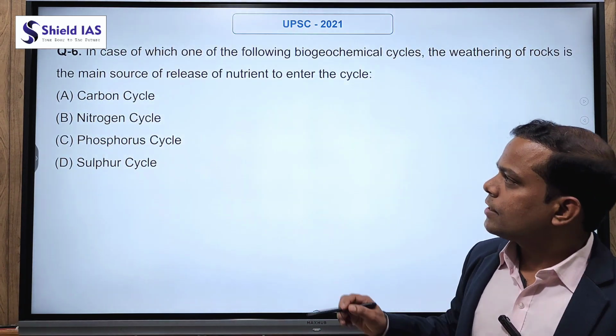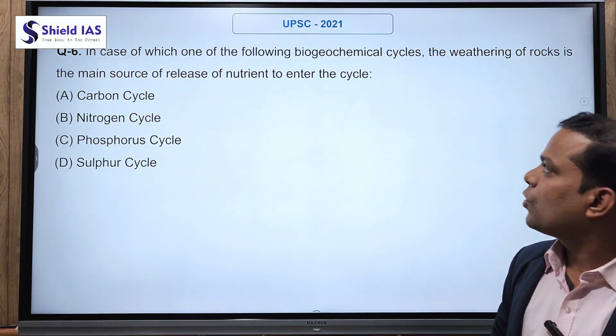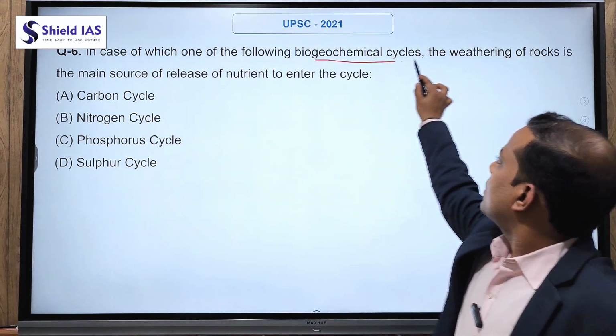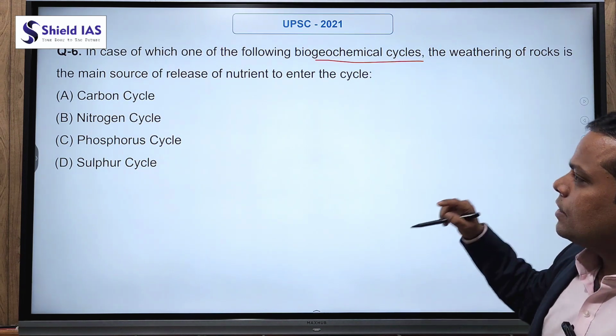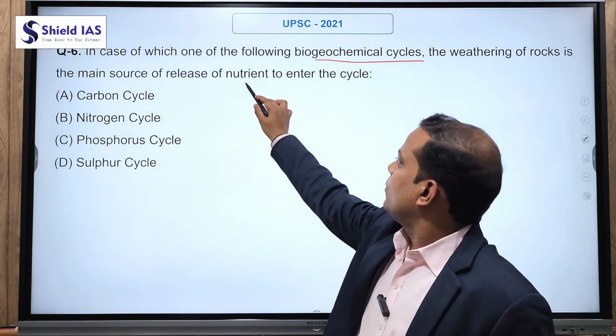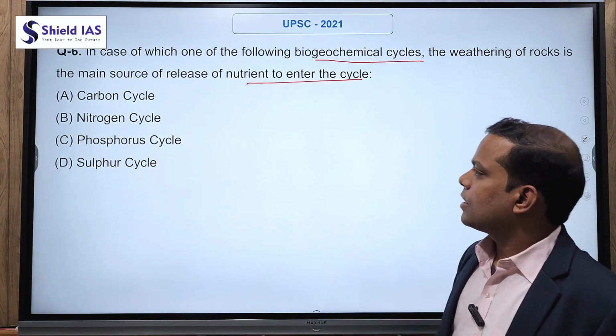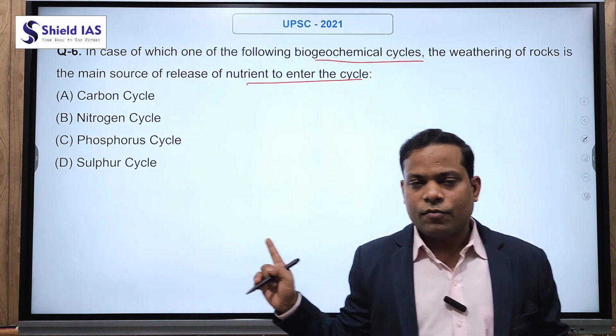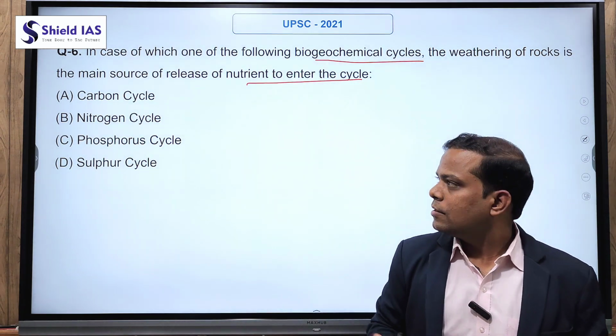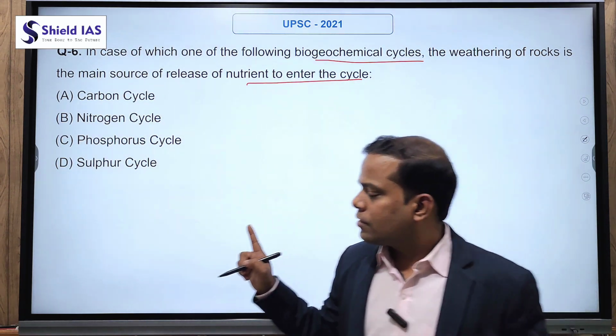The next question says that in case of which one of the following biogeochemical cycles, the weathering of rocks is the main source of release of nutrients to enter the cycle. Here we have 4 cycles. These cycles we have already discussed in environment class. That is carbon cycle and nitrogen cycle.